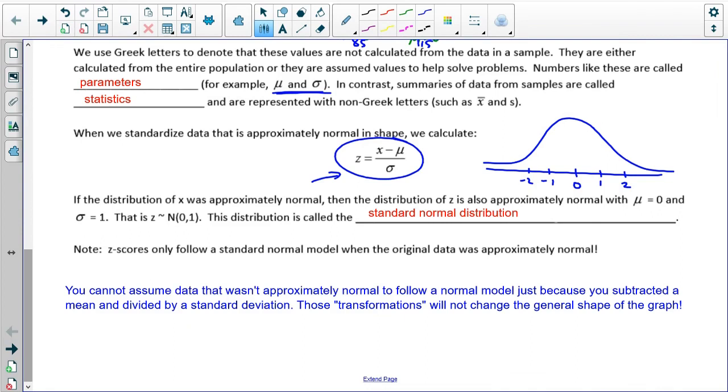These transformations that turn it into a standard normal, where we have 0, 1, 2, -1, -2, won't make something that wasn't approximately normal all of a sudden magically look like a bell curve. That's not how it works. It has to be approximately normal first in order to stay approximately normal with a conversion to z-scores.